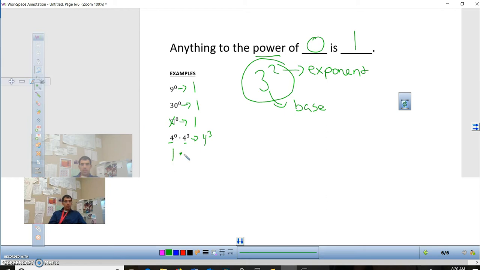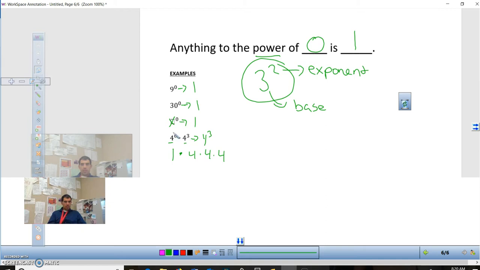So this is like saying 1 times 4 times 4 times 4, which is equivalent to 4 to the third. Otherwise, 4 to the 0 is equivalent to 1. There's no 4s here. It's a 1.